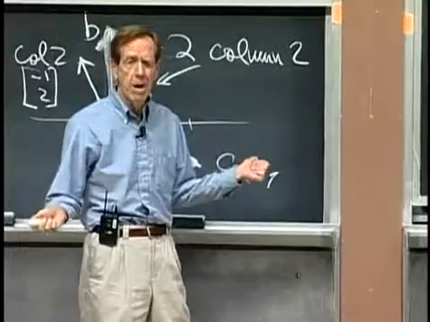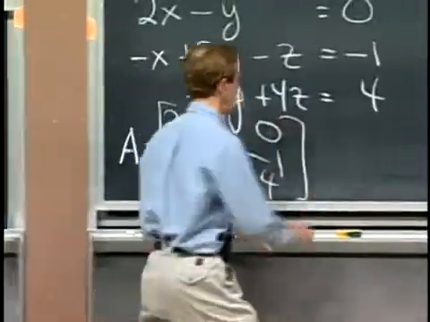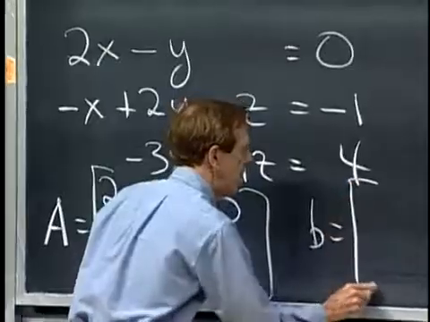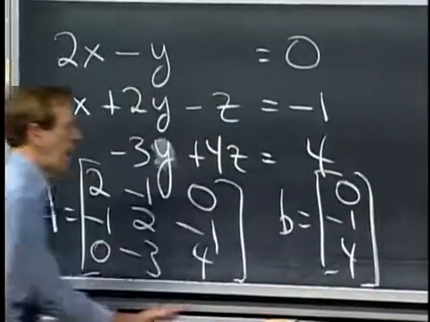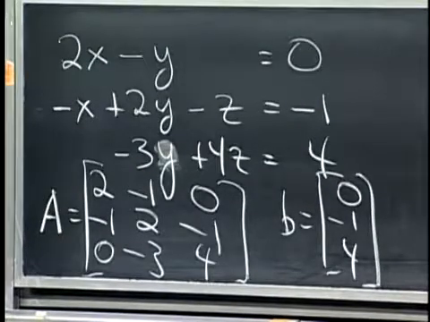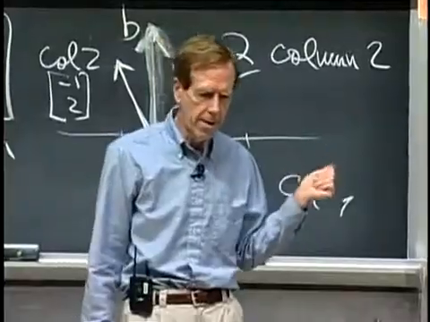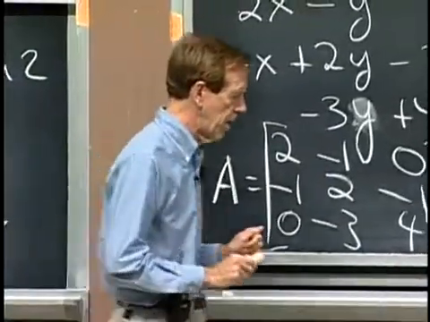So it's a 3 by 3 matrix. 3 equations, 3 unknowns. And what's our right-hand side? Of course, it's the vector 0, minus 1, 4. That's the shorthand to write out the 3 equations. But it's the picture that I'm looking for today.